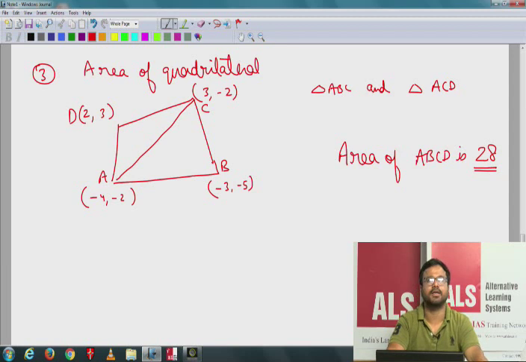Area for the quadrilateral is 28. It's an easy one. All of you should get 28.